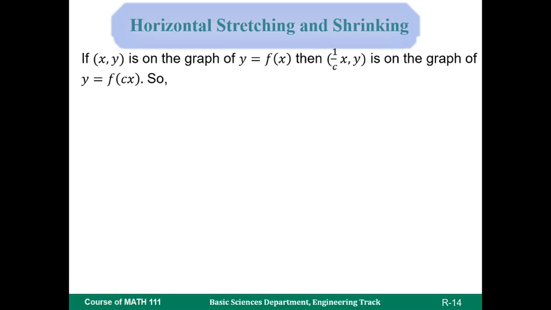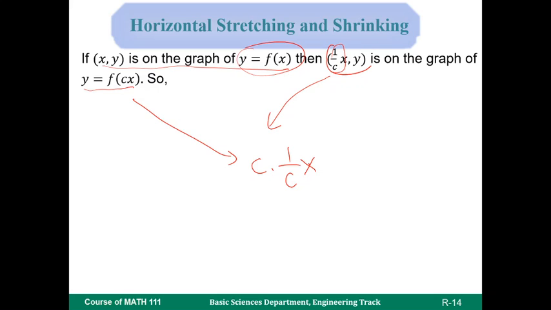Now, the key idea is this: if (x, y) is on the graph of y equal to f of x, it means y is equal to f of x. And then (1 over c times x, y) is on the graph of y equal to f of cx. Let's see how it's true. Put 1 over c times x for x, so you write c here.